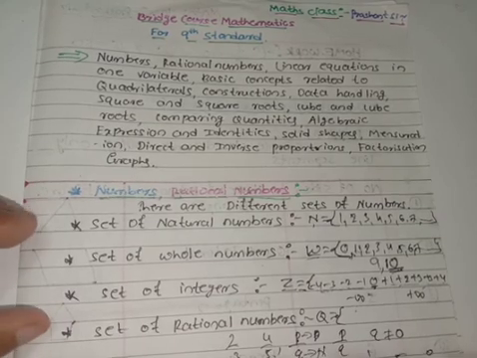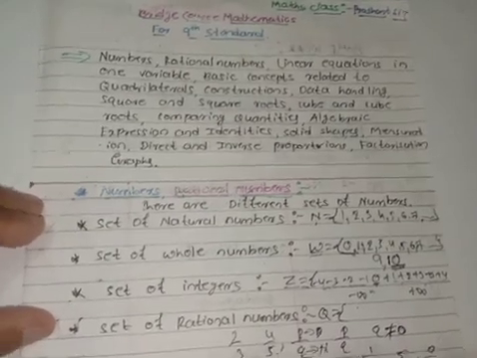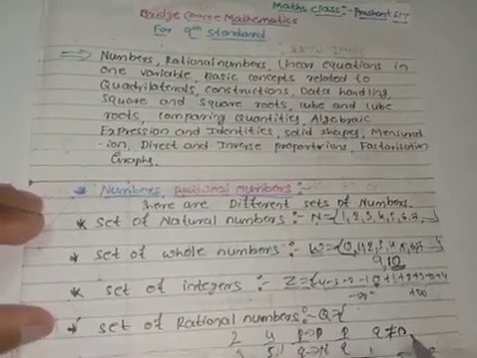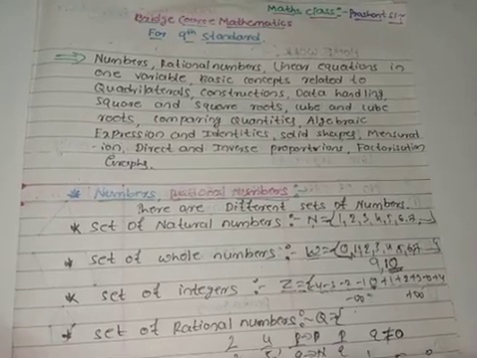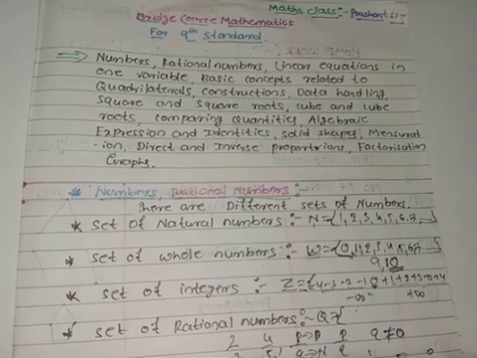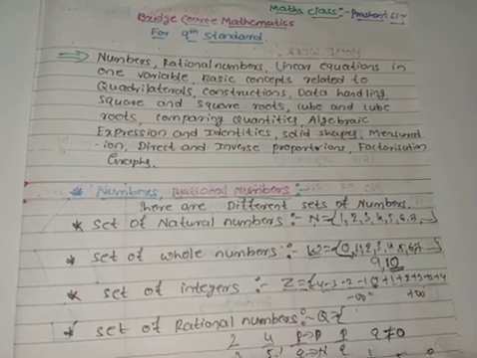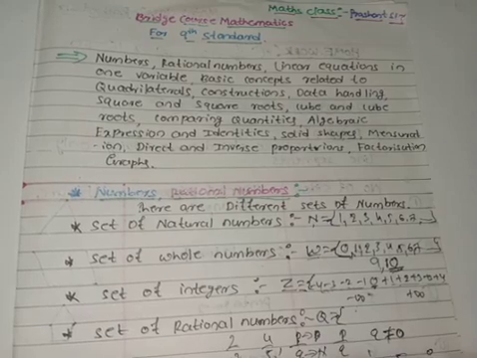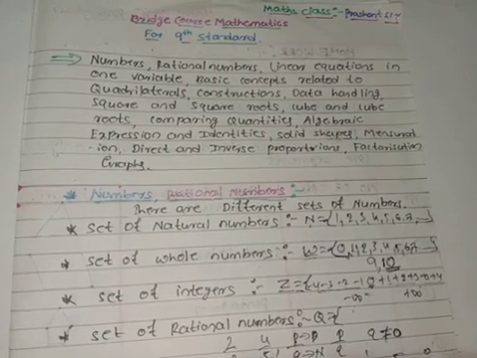Why? Because Q is not equal to 0, and in place of Q, 0 will not come. This is the condition of a rational number, and its decimal expansion terminates, or is non-terminating but repeating.